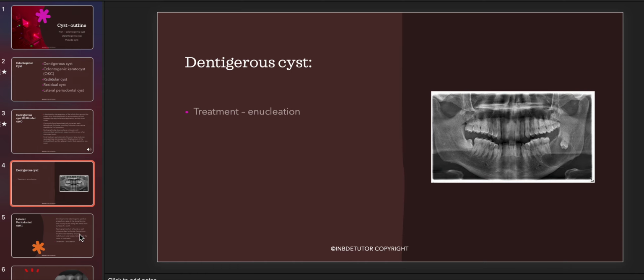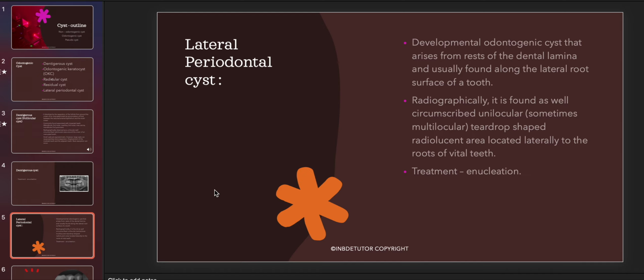Now, the next cyst that we will be discussing is the lateral periodontal cyst. Now, lateral periodontal cyst is again a developmental odontogenic cyst, and it arises from the rest of the dental lamina. Now, the dental lamina is also called the rest of Serres and usually found along the lateral root surface of a tooth.